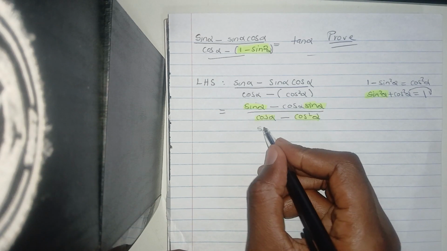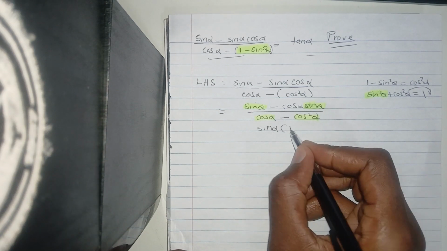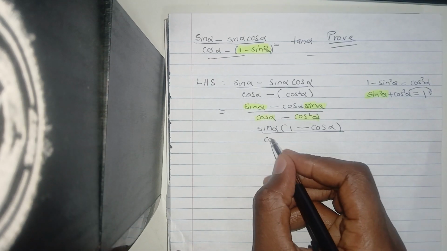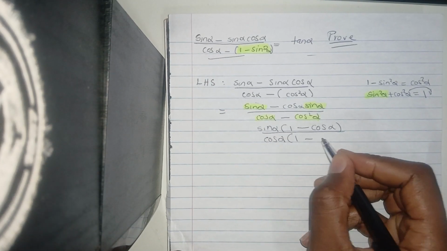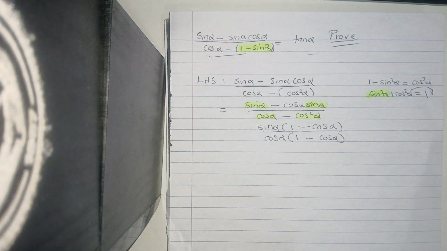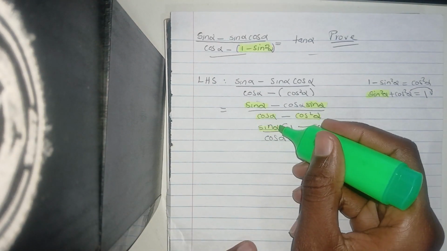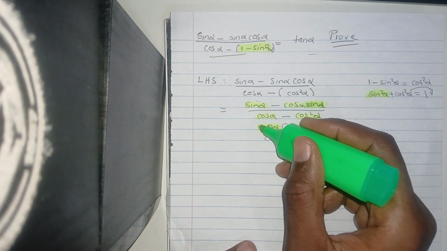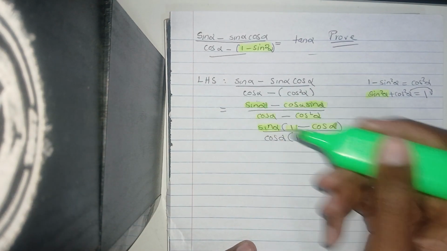We can take sine alpha outside, then we are left with this. Then you can also take cos alpha here and you'll be left with this. Why do this? Because this multiplied by this gives you this, and this multiplied by this gives you this. So it makes sense.